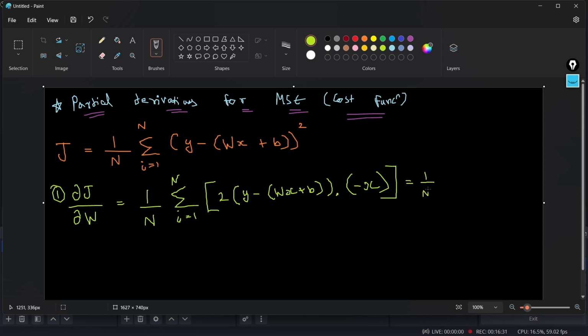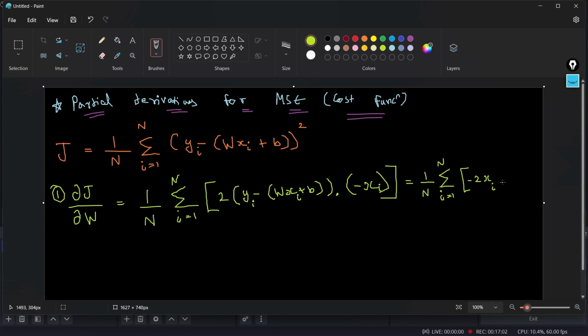It's 1 divided by n, summation of all the rows from 1 to n, and it's going to become simply minus 2 times x, and obviously it's with respect to the i, so for every row in your x. So everywhere over here I'll just write i, over here also there will be i, and over here also there will be an i.